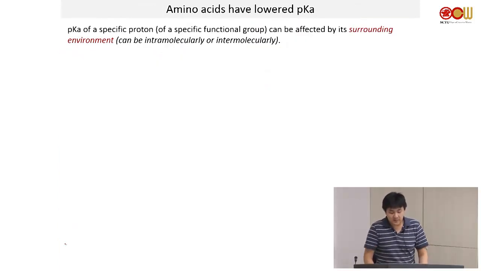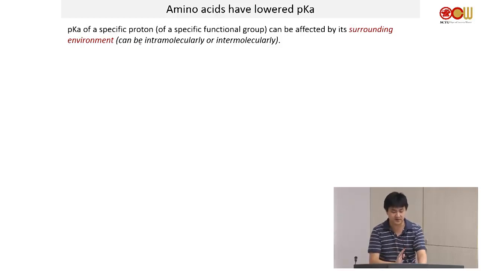Now, we're going to talk a little bit about amino acids and their pKa's. Turns out the pKa of a specific proton, of a specific functional group, can be affected by its surrounding environment. We briefly touched on this when we talked about enzymes. I showed you a picture of how a histidine can move the proton on and off, right?